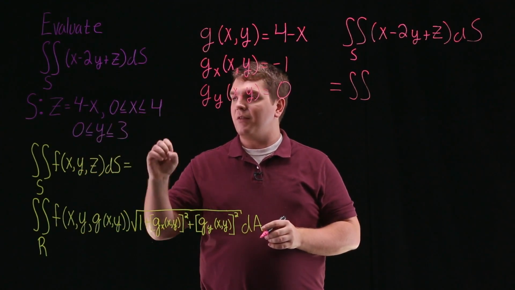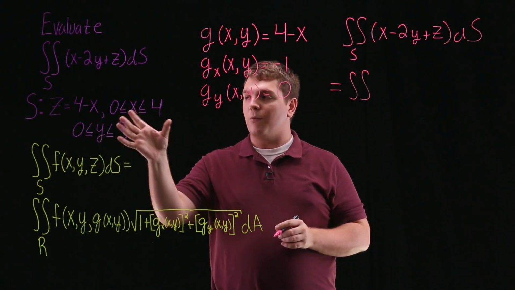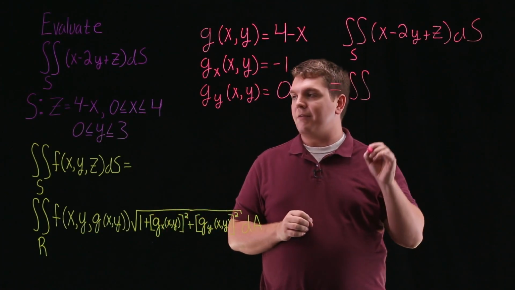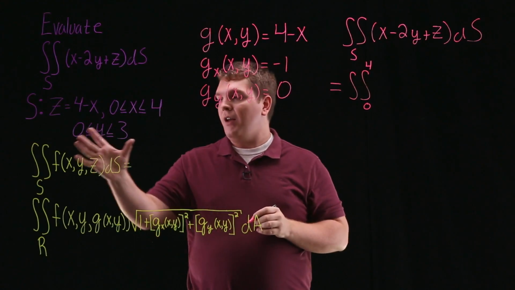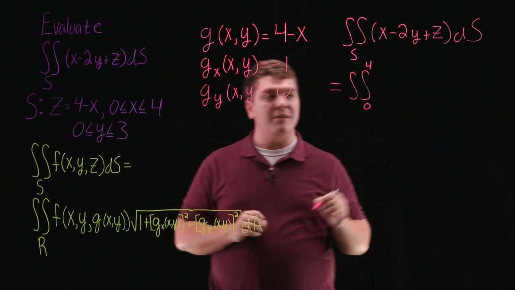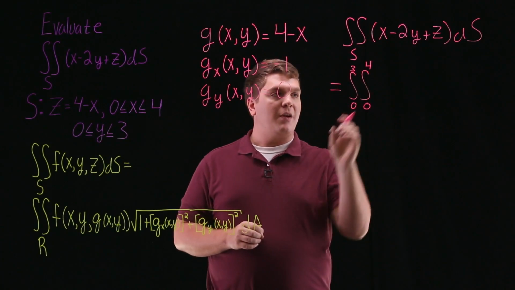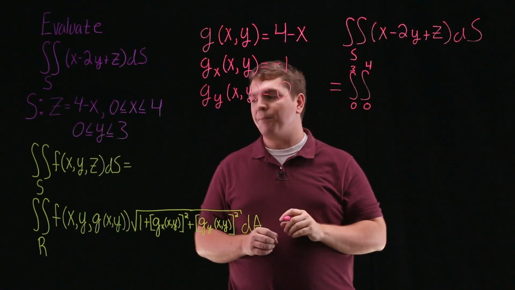And since this region is given like this, we can go right ahead and write down what the region is in our integral. So x is going to vary from 0 to 4, and y is going to vary from 0 to 3. So we have the double integral, x varying from 0 to 4, y varying from 0 to 3.